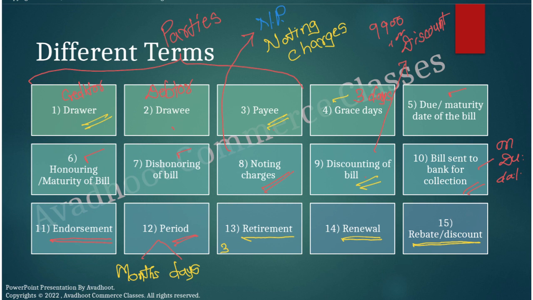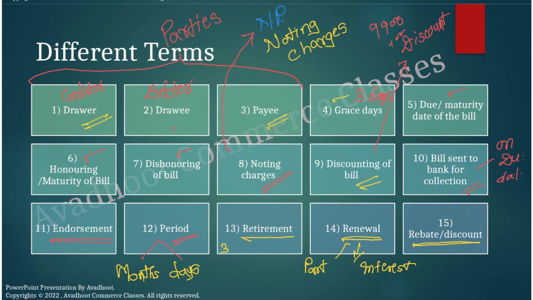What do you mean by renewal? Suppose a drawee finds that, prior to or on the due date, he is not in a position to make the payment of the bill to the drawer or the last person in due course. Then he requests the drawer to please renew the bill. For that purpose, he is ready to pay interest for the further period, and sometimes may make a part payment of the bill.